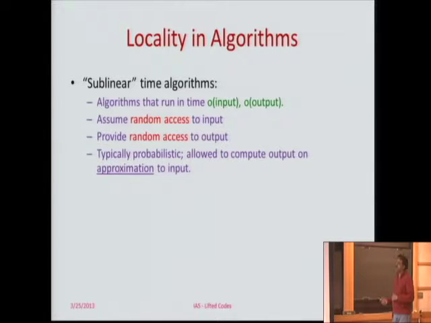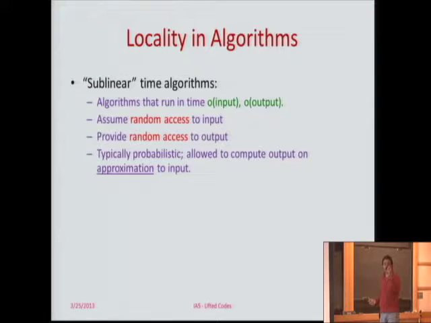And where do these come from? These come from this general field of sublinear time algorithms, where you often want algorithms that run in time which is much less than the length of the input or the length of the output. If you want to do that, you would have to assume there's some way of accessing the input which is not sequential read access from left to right, and so you assume random access to the input.